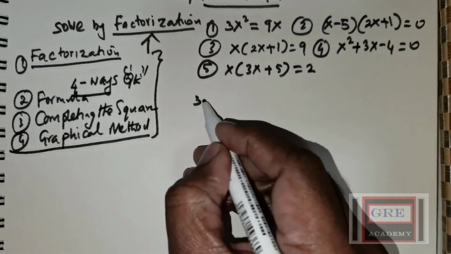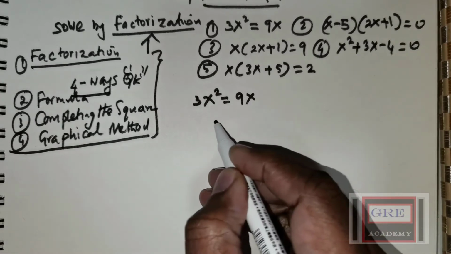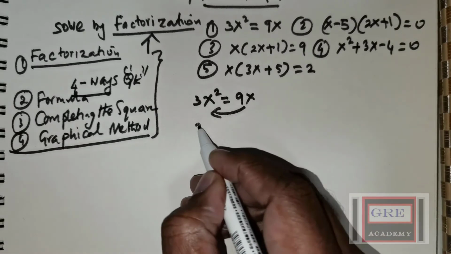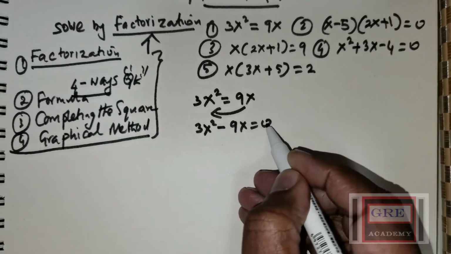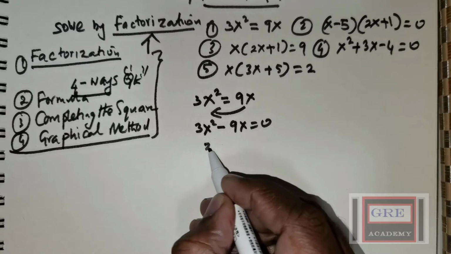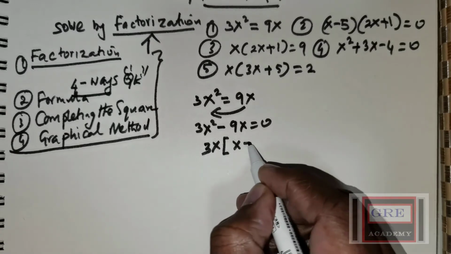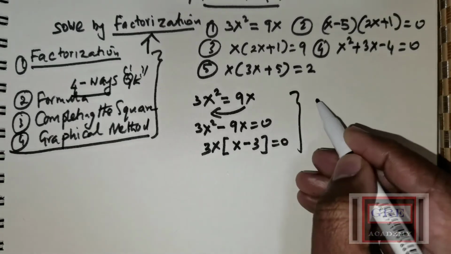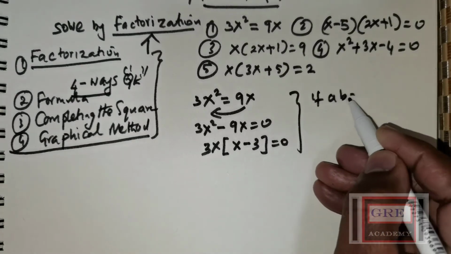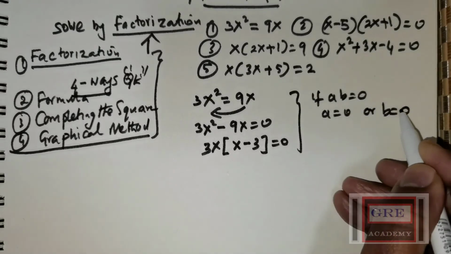The first question is given as 3x squared is equal to 9x. To solve this, move 9x to the left. That would give you 3x squared negative 9x is equal to 0. Now you can take 3x out and that would give you 3x times x negative 3 equal to 0. Now you have to know from algebra, if AB is equal to 0, then A is equal to 0 or B is equal to 0.